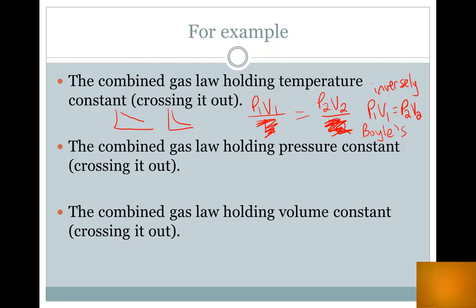Now let's look at the combined gas law again and hold a different variable, this time pressure constant. So here's our combined gas law. If we're going to hold pressure constant, in other words, cross it out, or you could erase it, you'll notice we have V1 over T1 equals V2 over T2. This would be Charles' law.